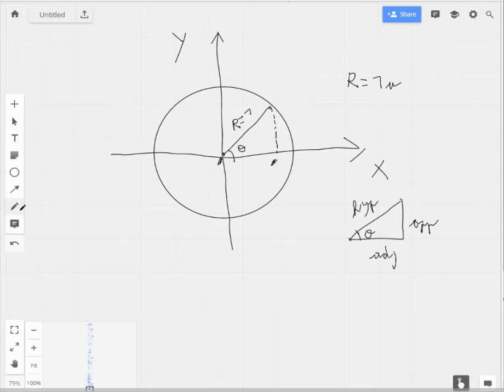So what we can do, we can write down, you remember that the sine of the angle is equal to the opposite over hypotenuse. The cosine is the adjacent over the hypotenuse, whereas the tangent is opposite over adjacent.